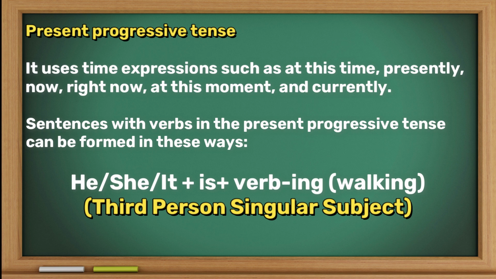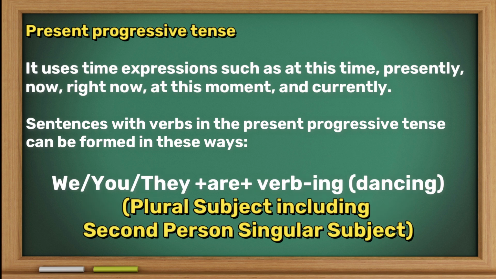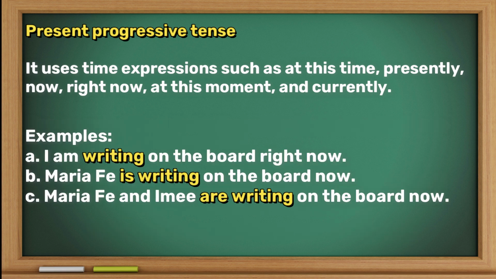For third person singular subject, he, she, it plus is plus verb with ing, like walking. For plural subject including second person singular subject, we, you, they plus are plus verb with ing, like dancing.